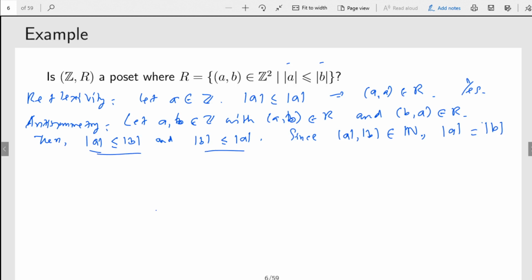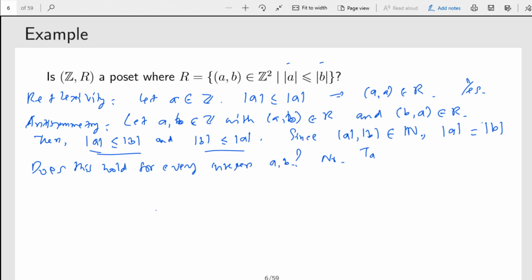Now, does this hold for every integers a and b? The answer is no, right?